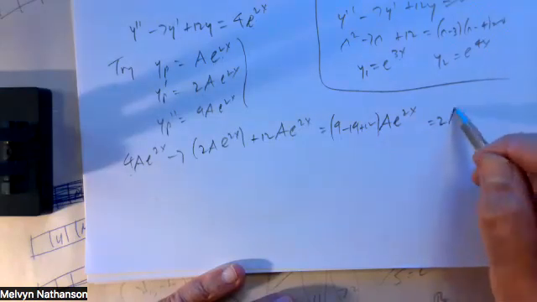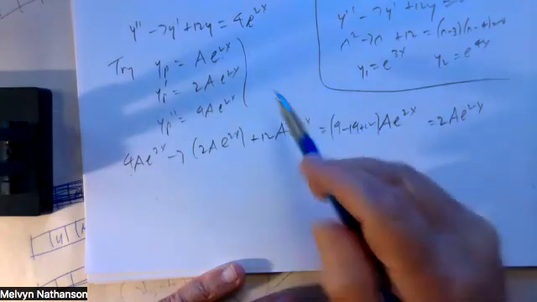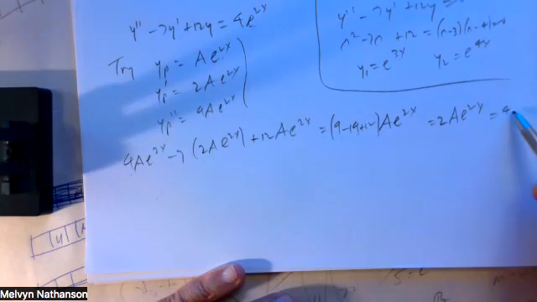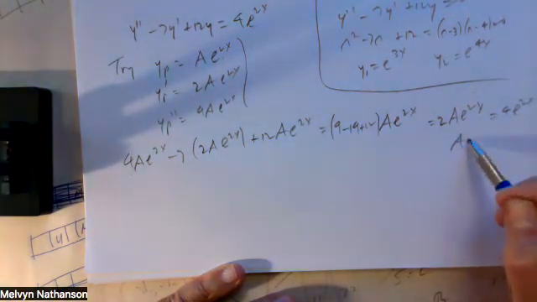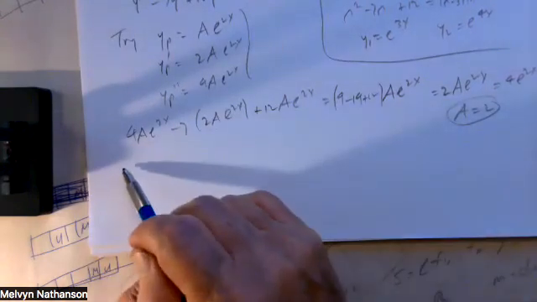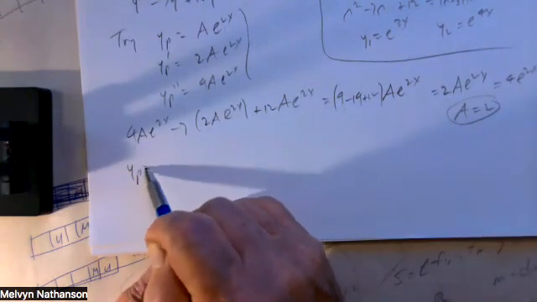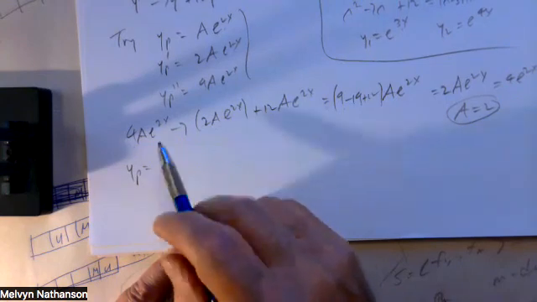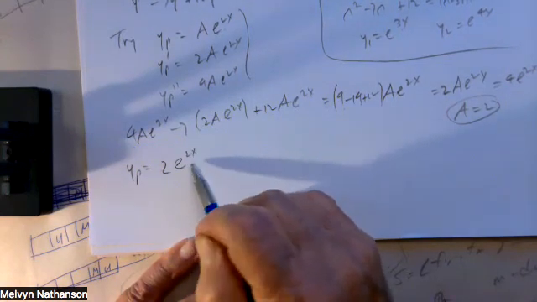That's 2a e to the 2x. And we want that to be equal to 4e to the 2x. So we have to set a equal to 2. So we get as a particular solution, y sub p is 2e to the 2x.